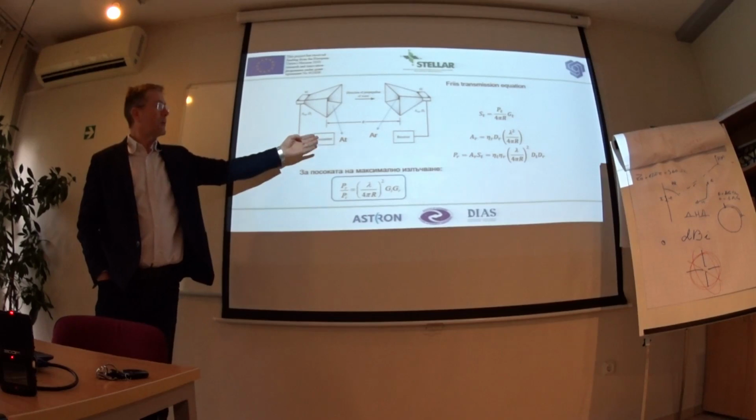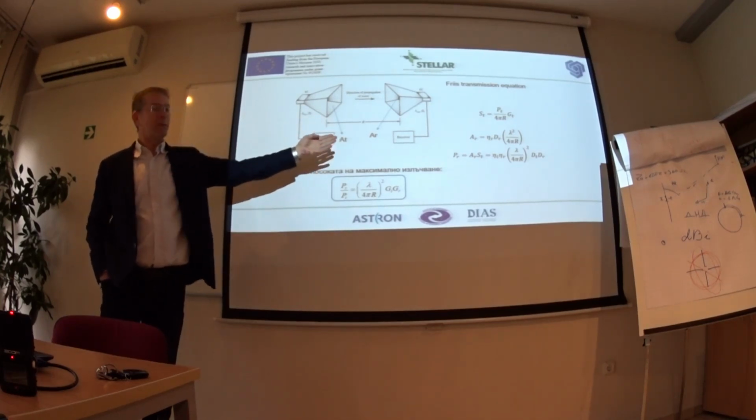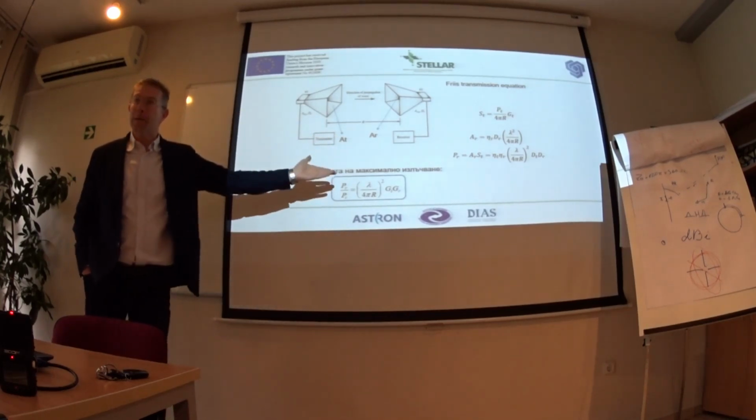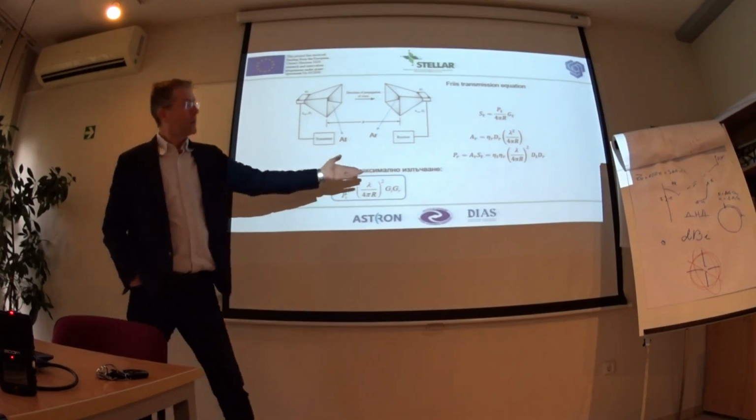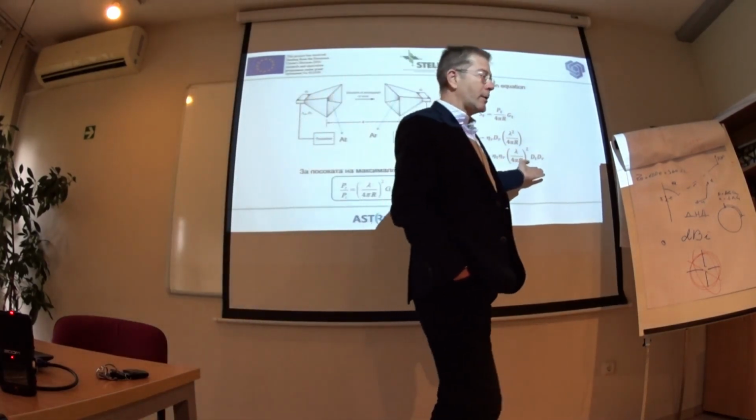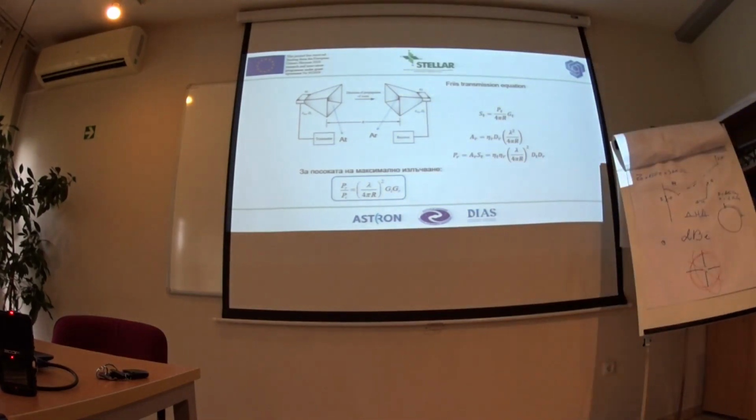So if we have a transmitter, a receiver, two antennas, the distance between them, and the wavelength, we can easily calculate how much power we transmit and how much power we receive on the receive side. And all communication equipment in our world, and all radio astronomy equipment, is governed by this equation.